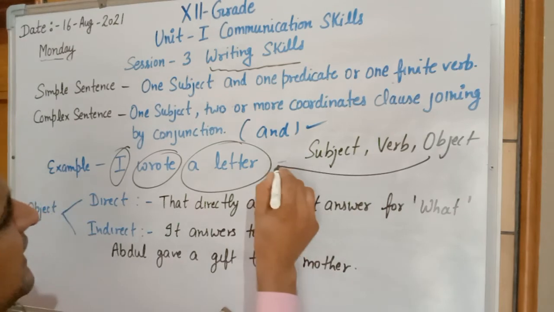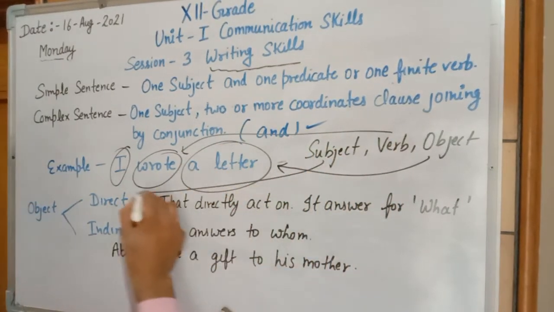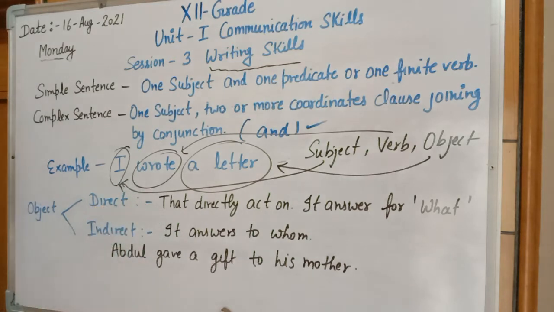Here letter is the object, verb is wrote, and subject is I. Who is taking action? That is the subject. What is the action? That is the verb. And who will be affected by the action? That is the object. Now object can be of two categories. Object can be either direct or indirect.